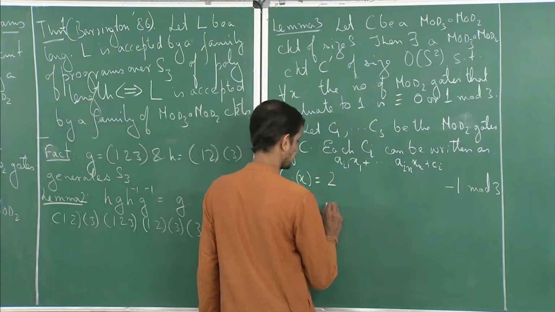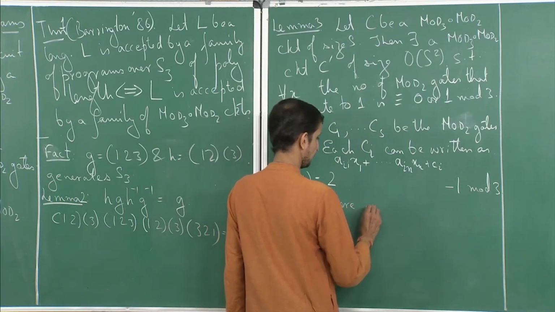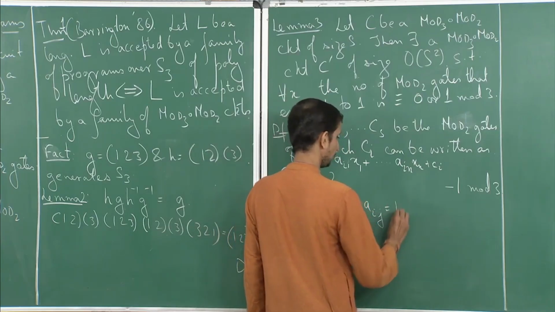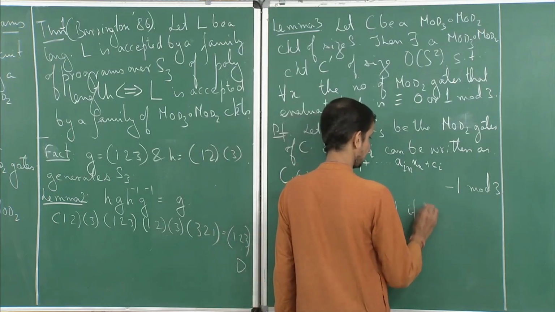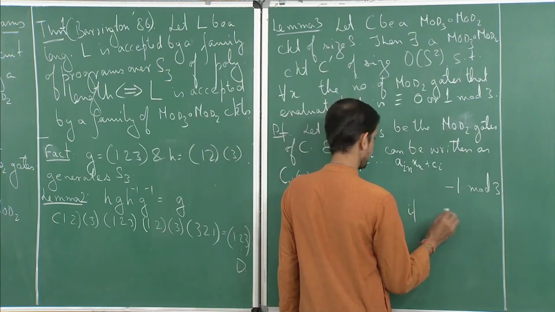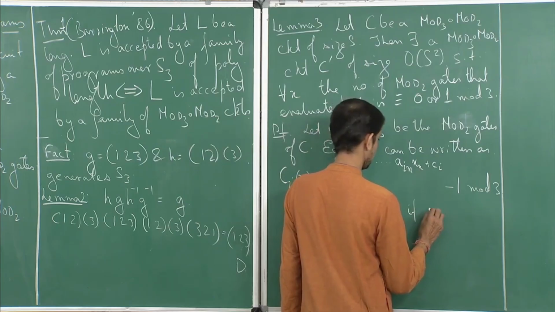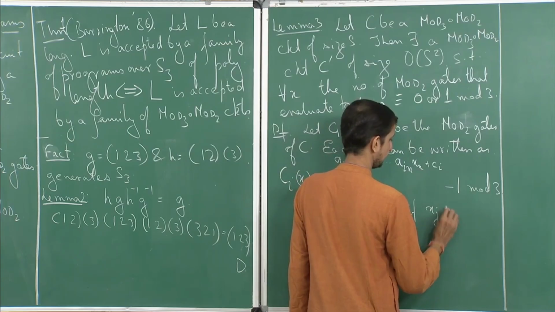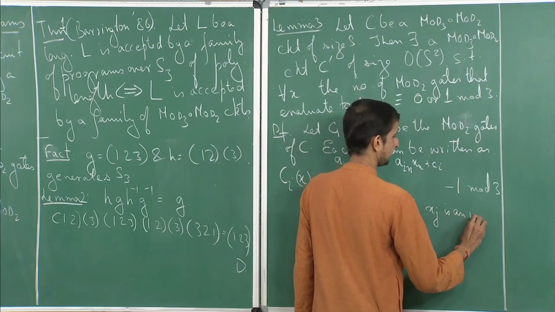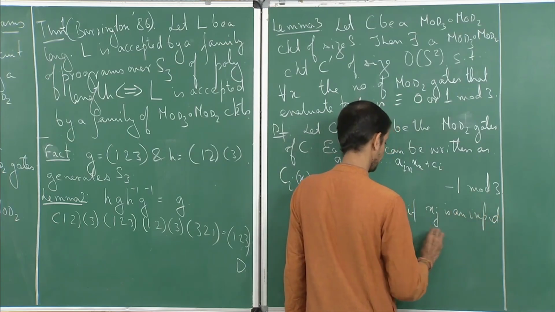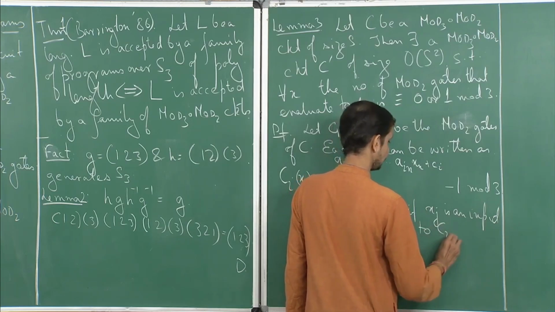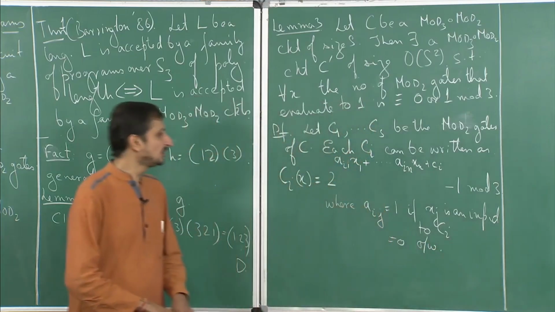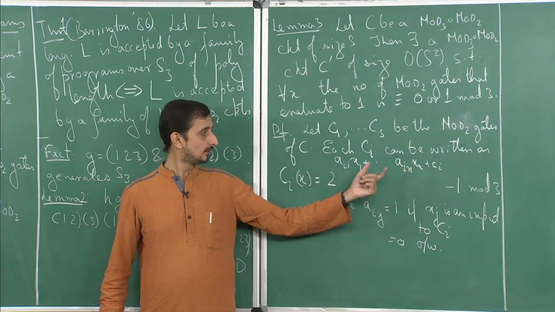Where aij is equal to 1 if xj is an input to Ci and it is 0 otherwise. Okay. So, essentially this is kind of counting.